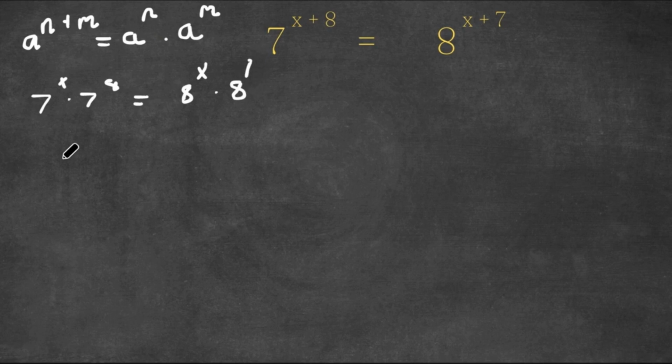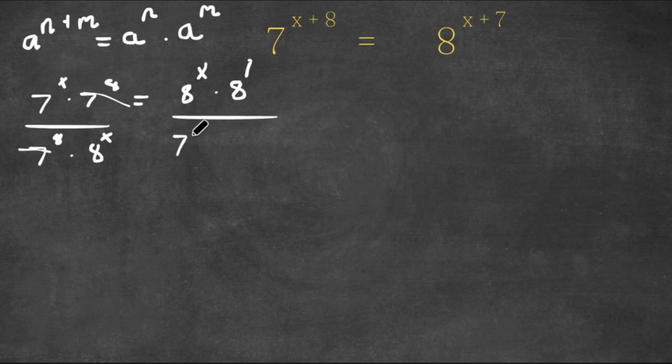Now I'm going to divide both sides by 7 to the power of 8 as well as 8 to the power of x. So these two would cancel out, and on this side these two would cancel out.